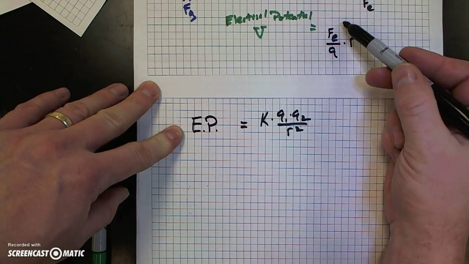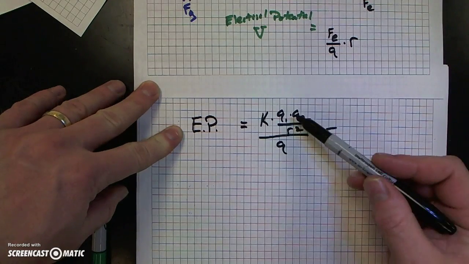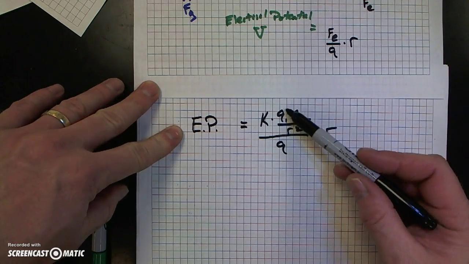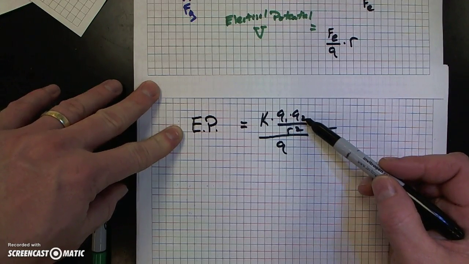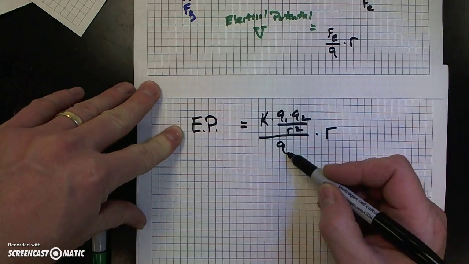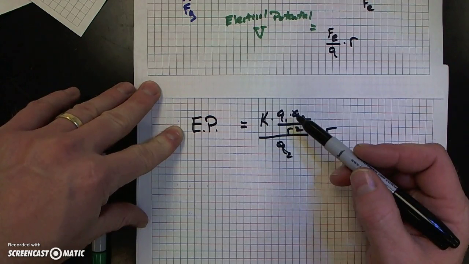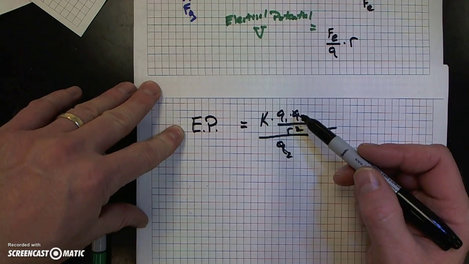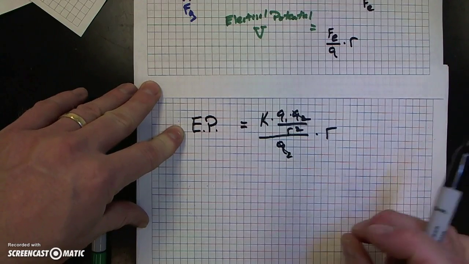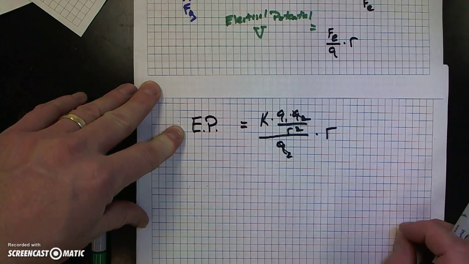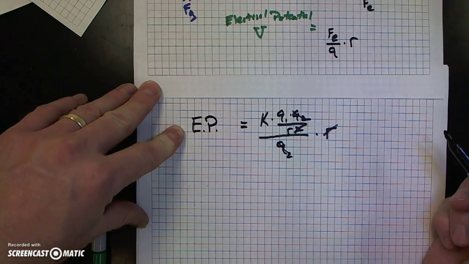That's the Fe equation, and then we divide all that by Q times R. This Q1 is the thing that's the origin of that field. This Q2 is the thing that we put in that field. It's the same as Q2 here, so those drop off. So this becomes independent of what you place in your field. It's solely dependent upon how strong the source charge is that generates the E field. And notice we have R squared and R, so one of those goes away.